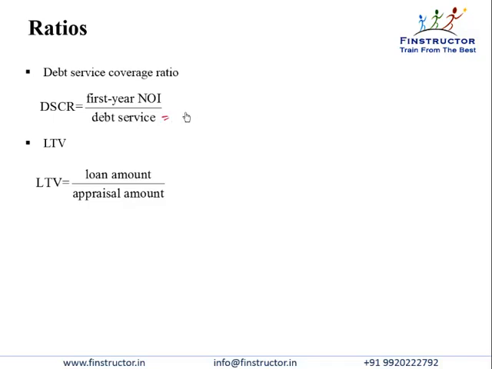Debt service means both interest plus principal. So what is the net operating income, or the EBITDA so to say, that the property has made, divided by the interest plus principal that has to be serviced. High means good, meaning you won't have any problem servicing your payments. Low suggests you may have to fund the interest and principal from other sources of income.